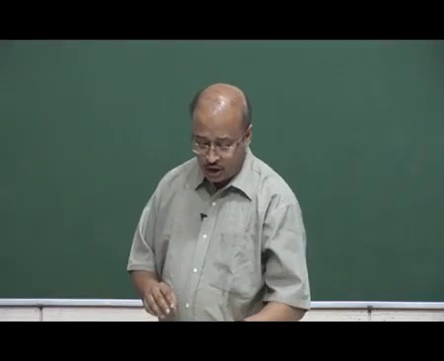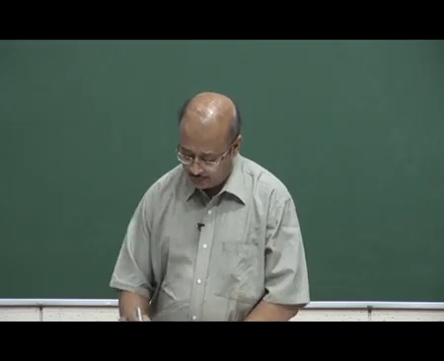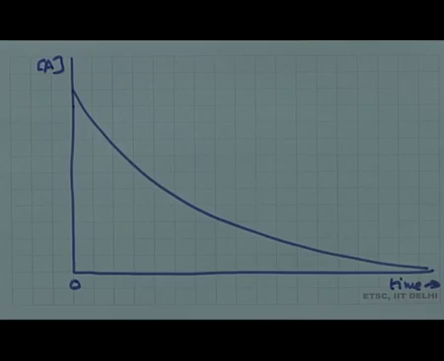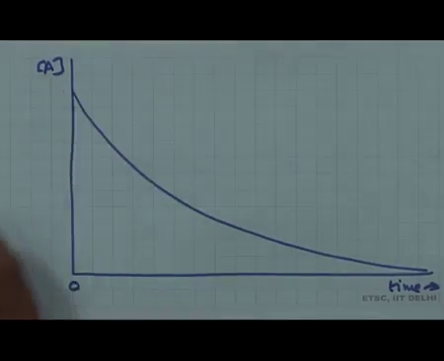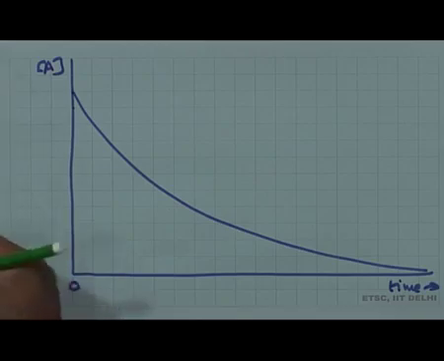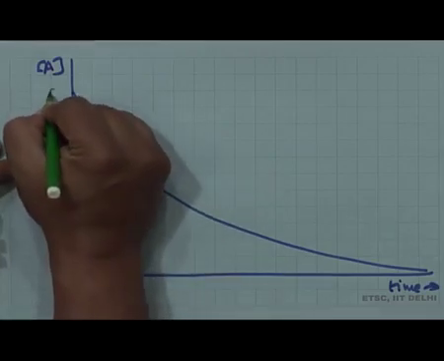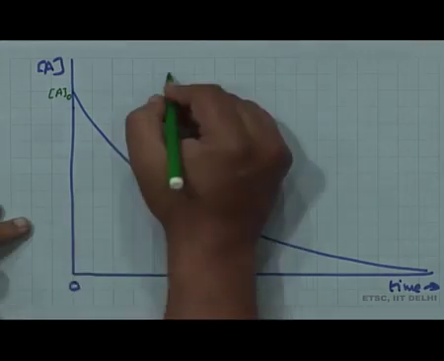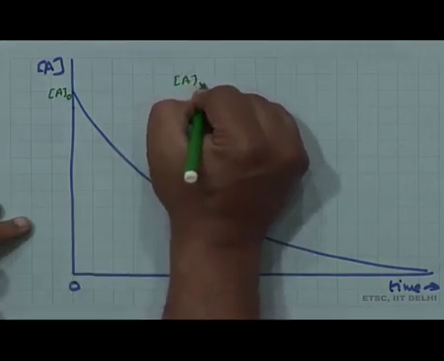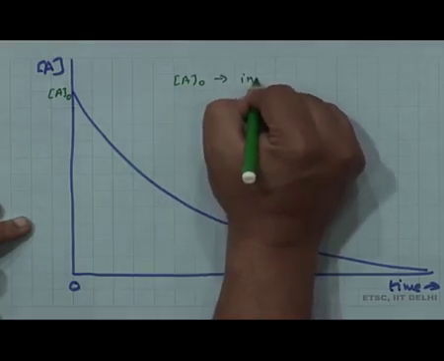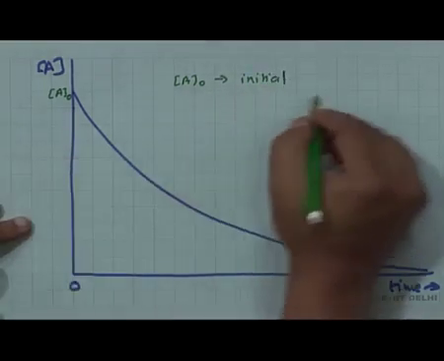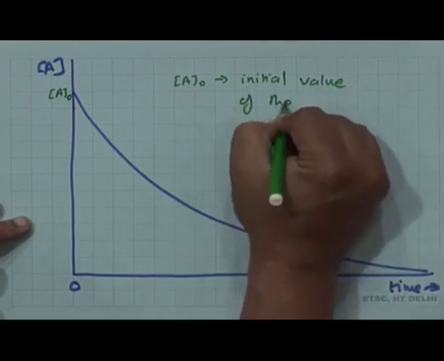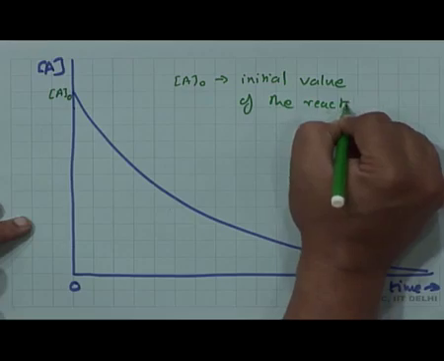Now, this would be time 0 for me, so exactly the initial time. So, this value out here I can write as A 0. So, what is A 0? A 0 is the initial value of the reactant.